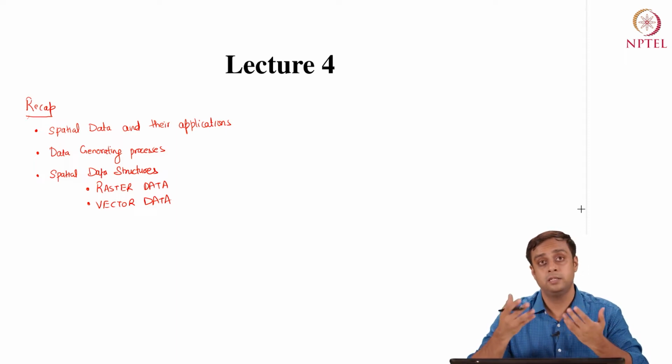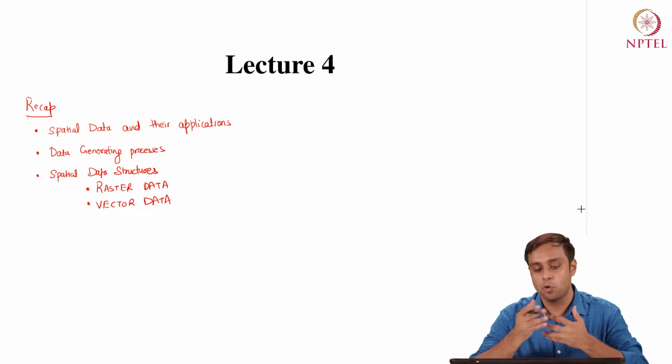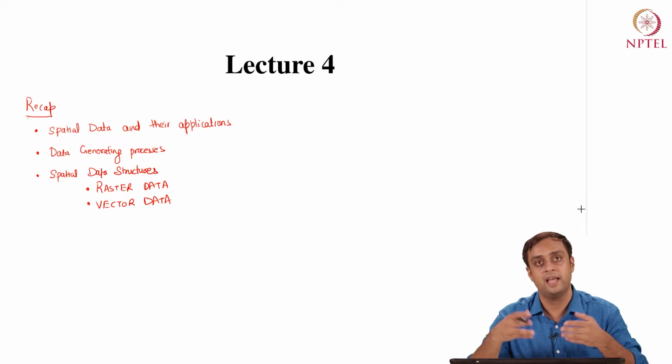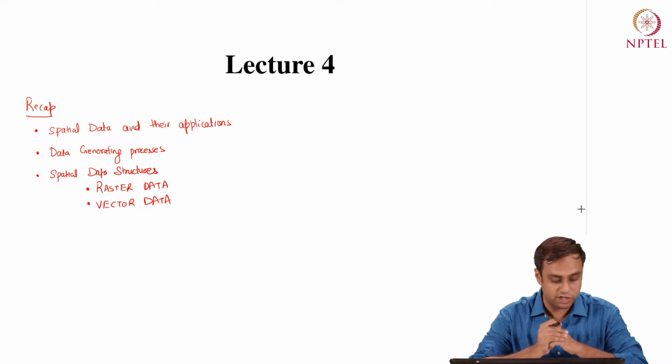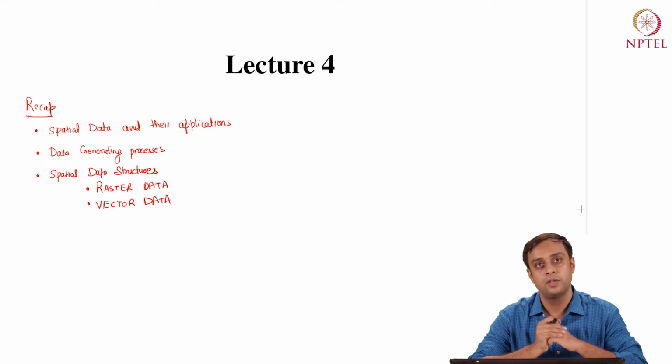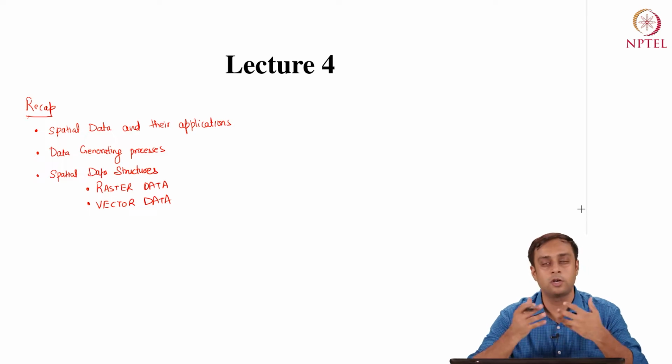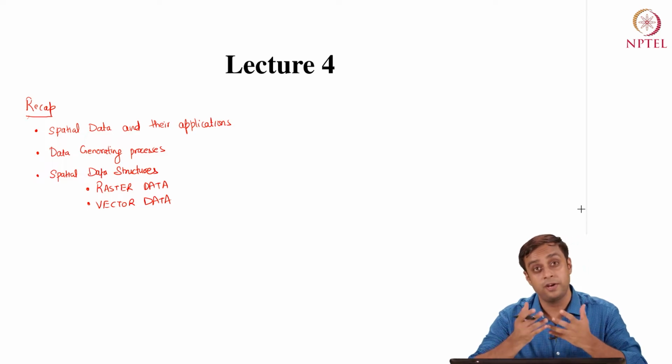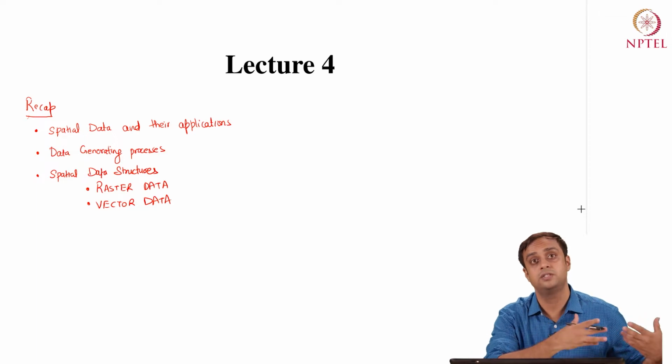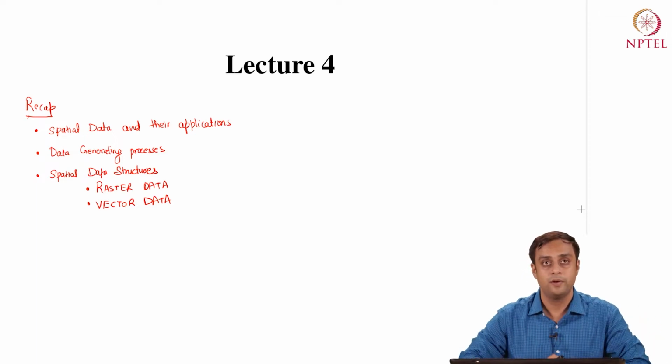We also looked at the GIS, which is a computer software and hardware system to store, manipulate, analyze, visualize spatial data. Then in the last lecture, we looked at what are called the spatial data structures. These are, in particular, the raster data structure and the vector data structure, and we talked about how these are different and how their applications differ from problem to problem, right?